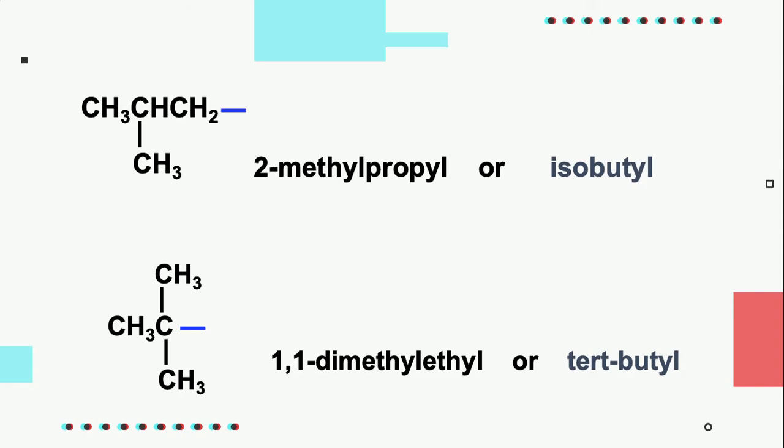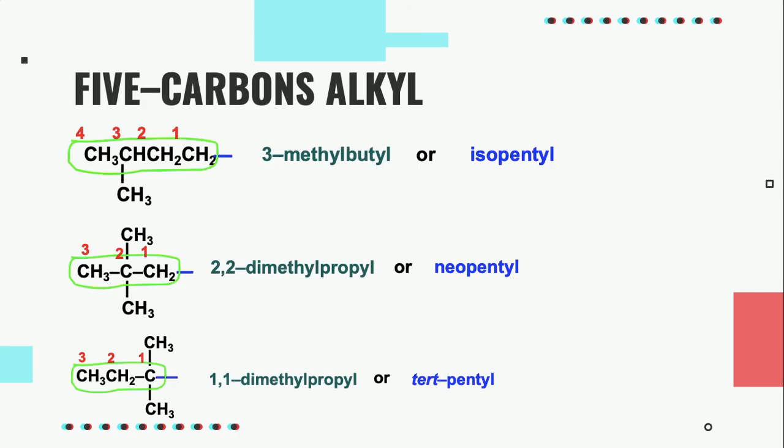The common name of 1,1-dimethylethyl is tert-butyl. Tert means tertiary, or to simplify it, 2 methyl groups attached on the first carbon of the branch, and there are 4 carbons in total in tert-butyl.